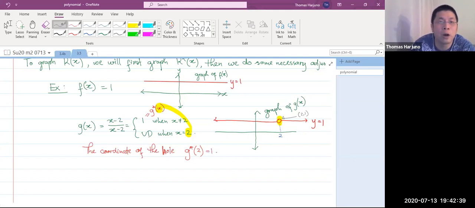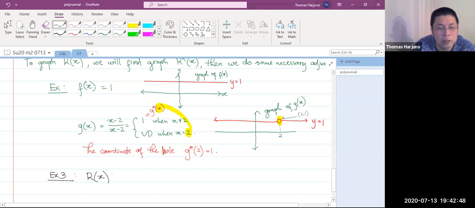Now go back to our example 3. Our R(x) is (x squared minus 4) over (x squared minus 5x plus 6), which factors to (x plus 2)(x minus 2) over (x minus 3)(x minus 2).